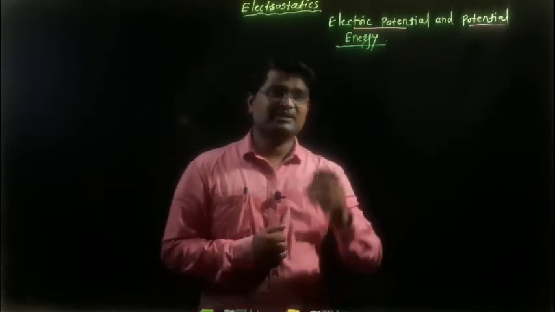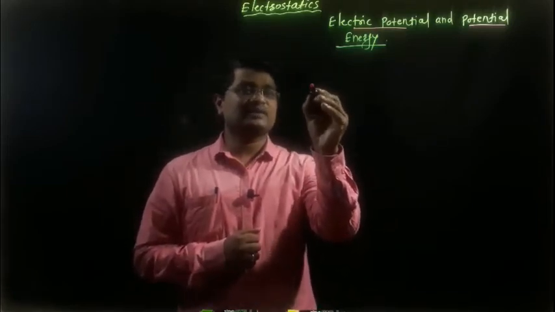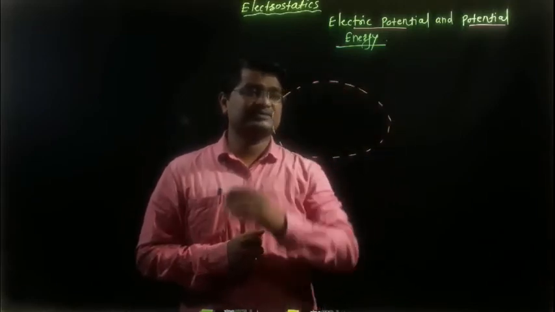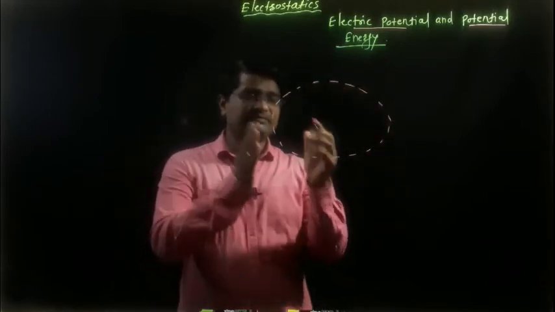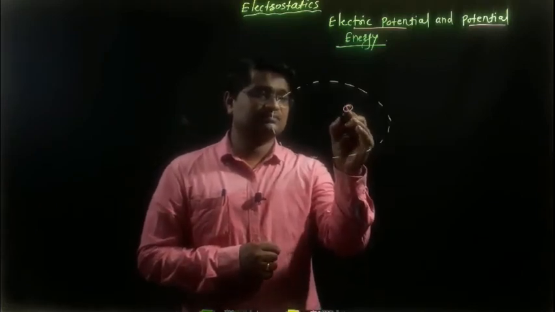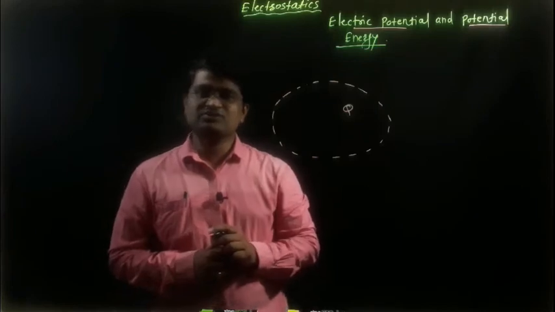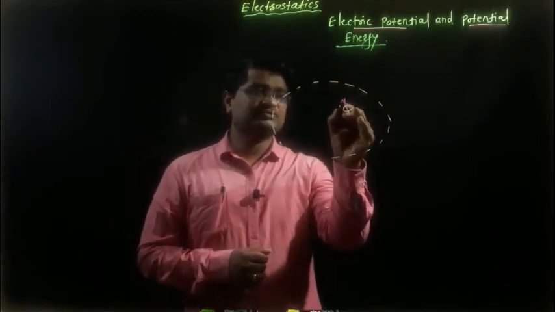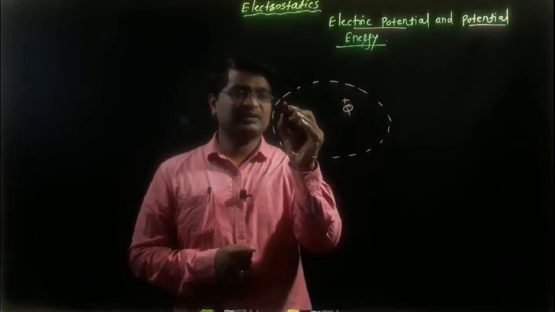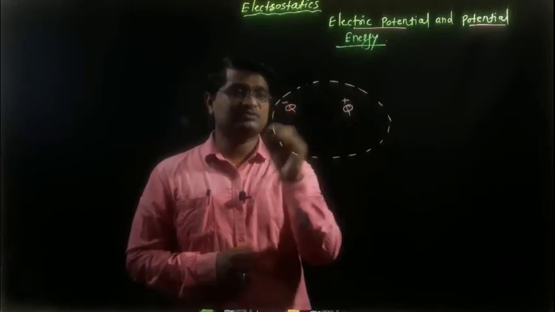What is a system? Let's imagine that this is a system, any one system, and in this system we consider a charge Q. This is a positive charge. And imagine there is another charge, minus q.